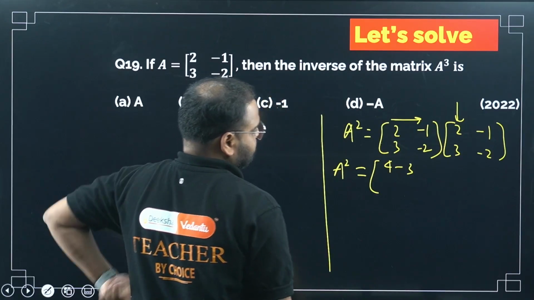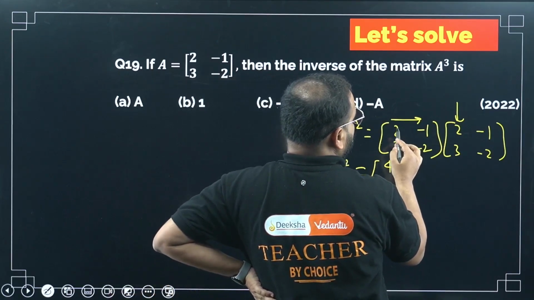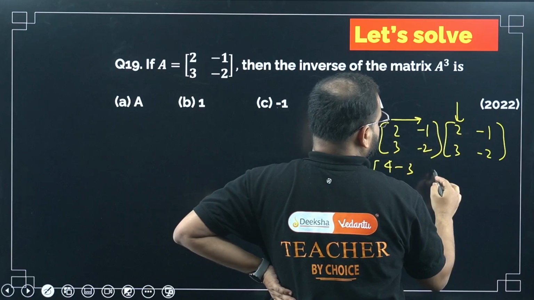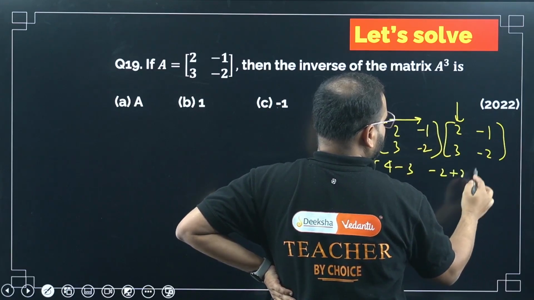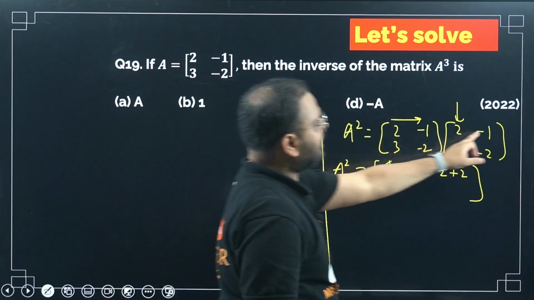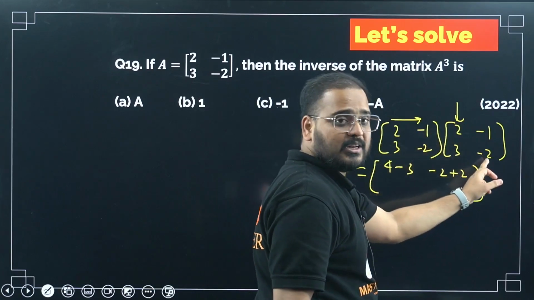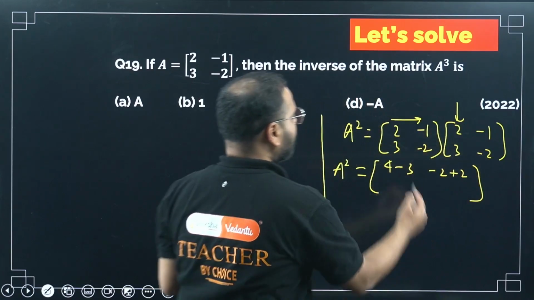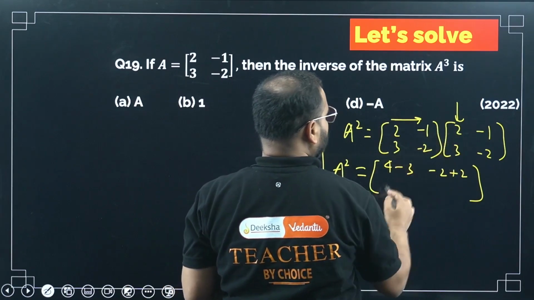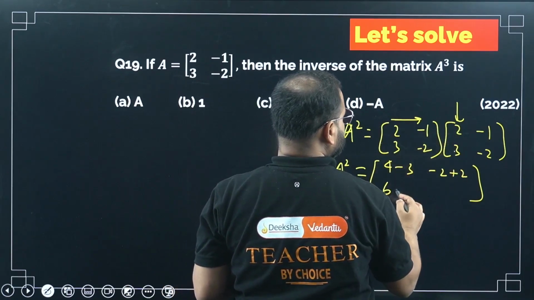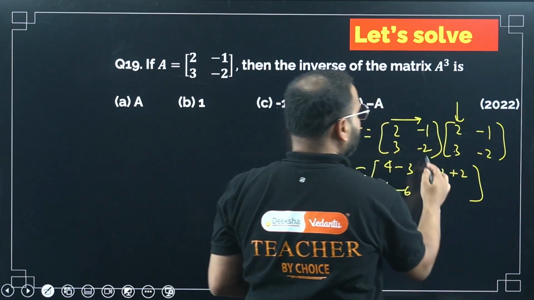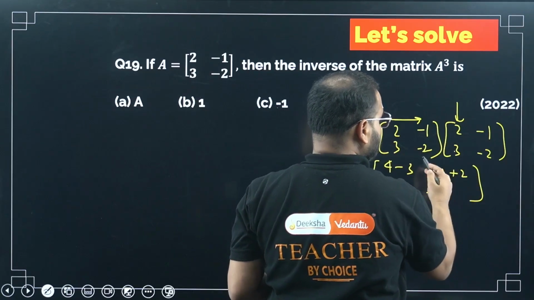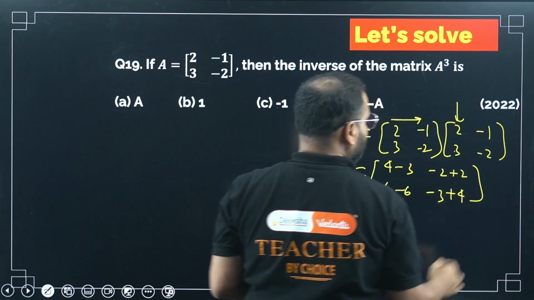Second column: 2 times minus 1 is minus 2, and minus 1 times minus 2 is plus 2. Next row: 3 times 2 is 6, minus 2 times 3 is minus 6. 3 times minus 1 is minus 3, and minus 2 times minus 2 is plus 4.